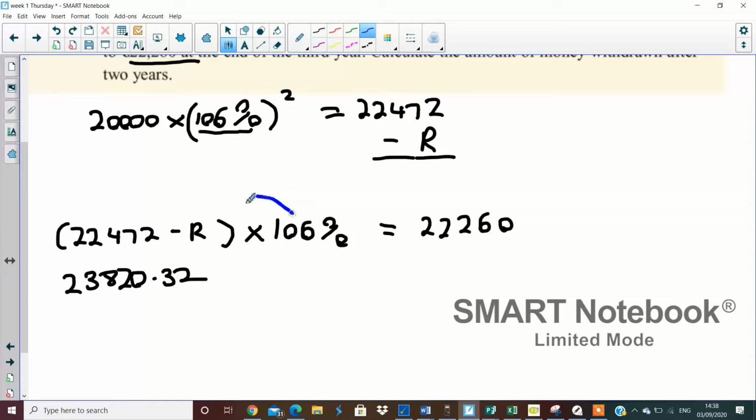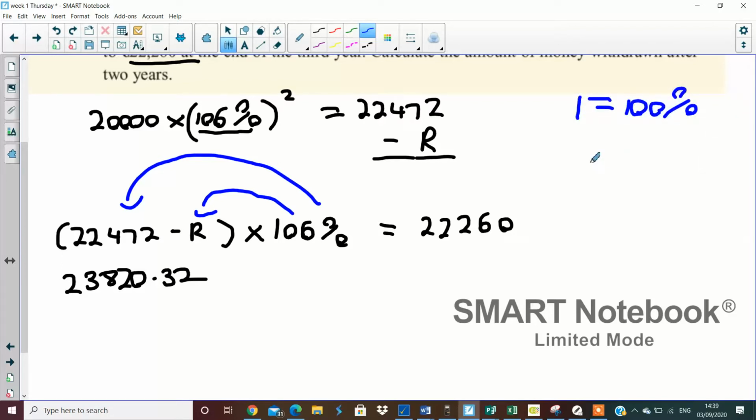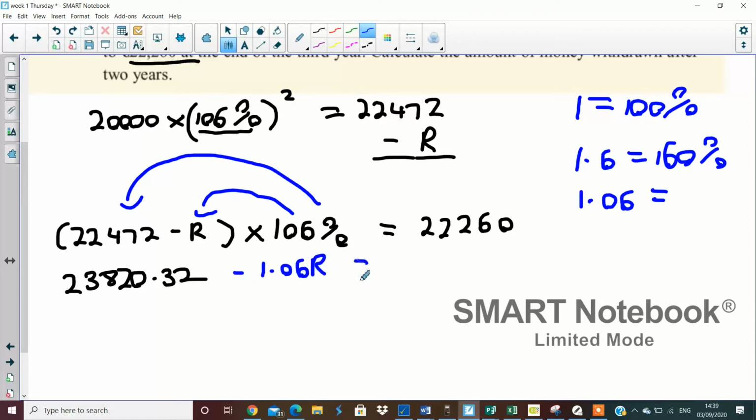You've got to increase that by 6% as well. 1 is 100%. 1.6 would be 160%. So what is 106%? 1.06. Okay, so it's minus 1.06 R.